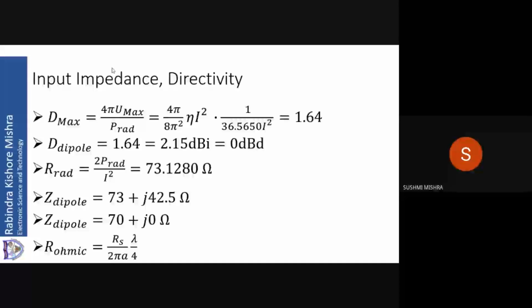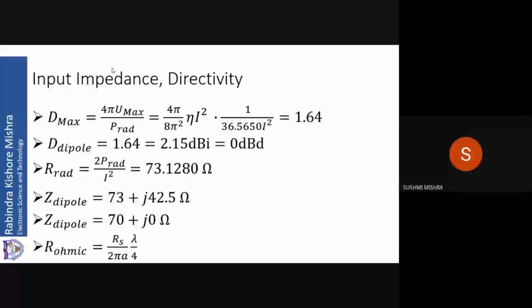U max is equal to eta I square by 8 pi square. So now we cancel out I square in the numerator, cancel out pi in the numerator, leaving out only pi in the denominator. Then for eta put 120 pi.